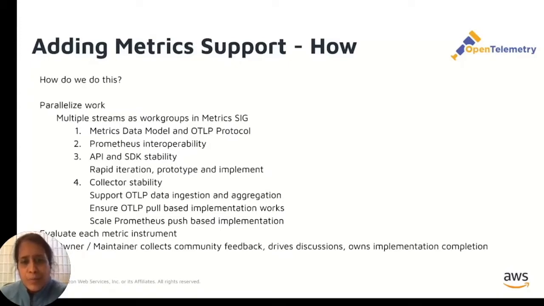And in order for an open source project to be organized and deliver collaboratively, standards as well as implementations that work out of the box and are fully stable, means that we multitask and split out into work groups within the metrics SIG.